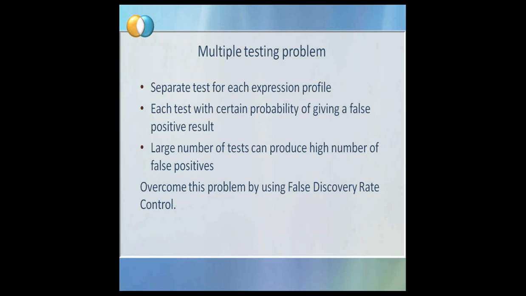Multiple testing problem means you really have a number of tests, and you have to avoid running into problems by identifying false positives. The larger the experiment, the more spots you have, the more t-tests you will run, and that means by random, the more false positives you will find.